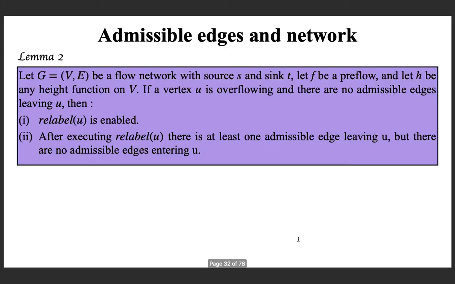Lemma 2: given the same network, a preflow and a height function, it claims that if U is an overflowing vertex and there are no admissible edges going out of U, that is, U is overflowing but there is no admissible outgoing edge from U, then relabel U is enabled.